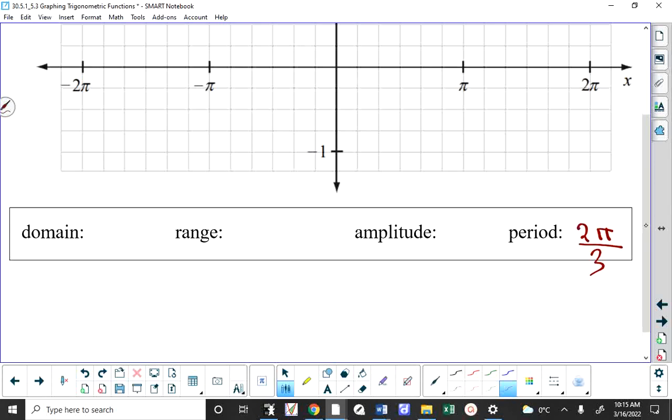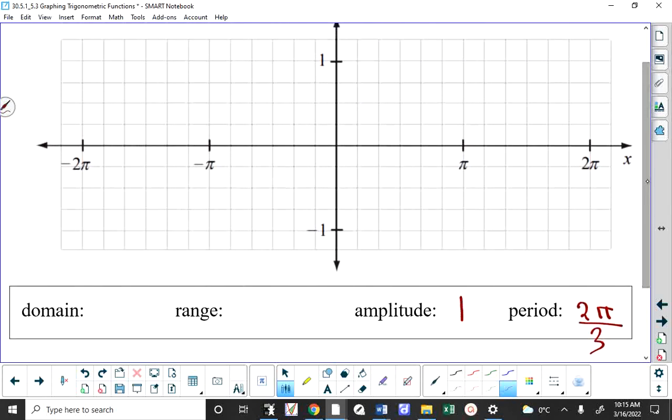The amplitude will be 1 because there's been no vertical stretch here. The range will be -1 less than or equal to y less than or equal to 1. The domain is any real number.